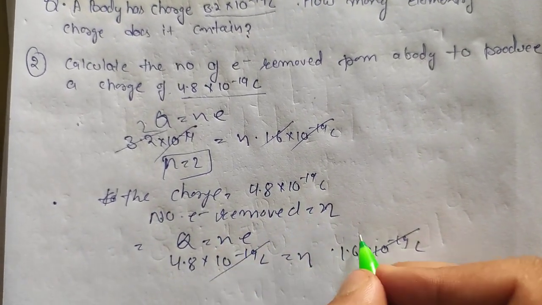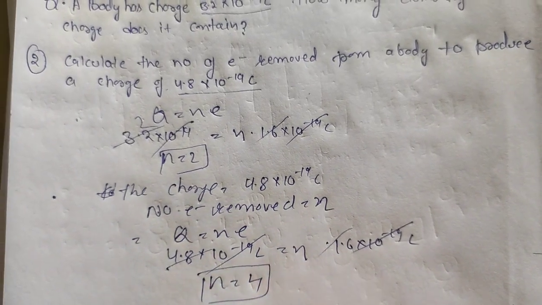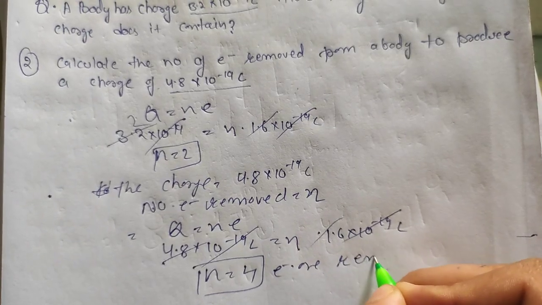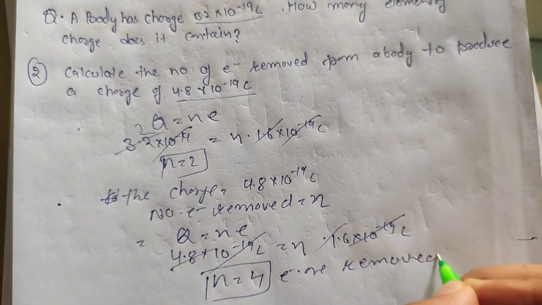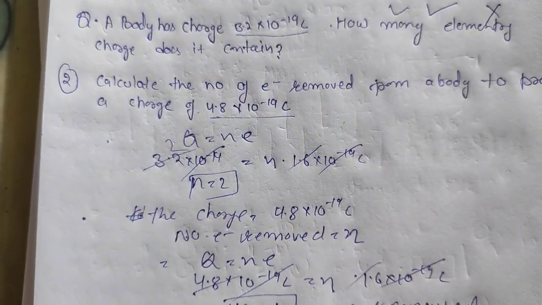By solving this we get n equal to 4. So 4 electrons are removed when a body is produced with charge 4.8 into 10 to the power minus 19 coulomb.